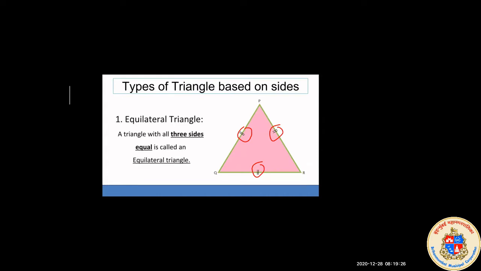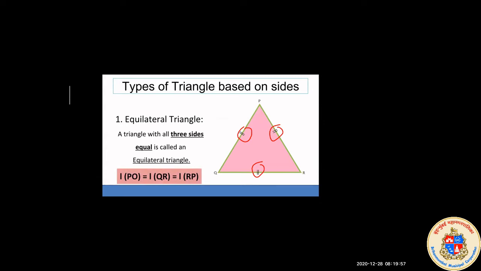So a triangle with all three sides equal is called an equilateral triangle. Remember, when a triangle has equal sides, it is called an equilateral triangle. If you measure any triangle, and all three sides have the same measurement, then you will call that triangle an equilateral triangle.